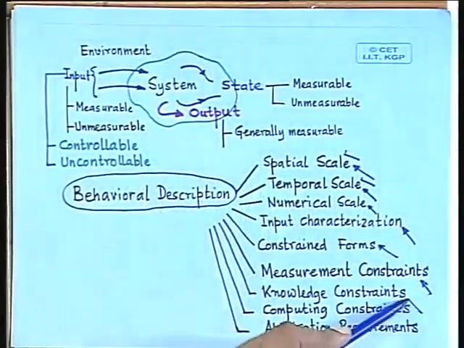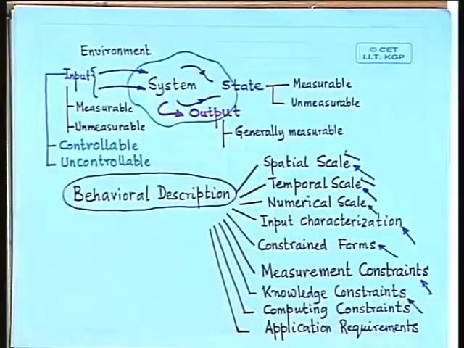Similarly, you may have knowledge constraints, or you may have knowledge advantages. For example, you may already know that a system is stable. If you happen to know it to be stable, I am calling it a knowledge constraint, because constraint in mathematical terms means that it will define a smaller space than the overall space. So if you already know that the system is stable, then you will only look for stable models.